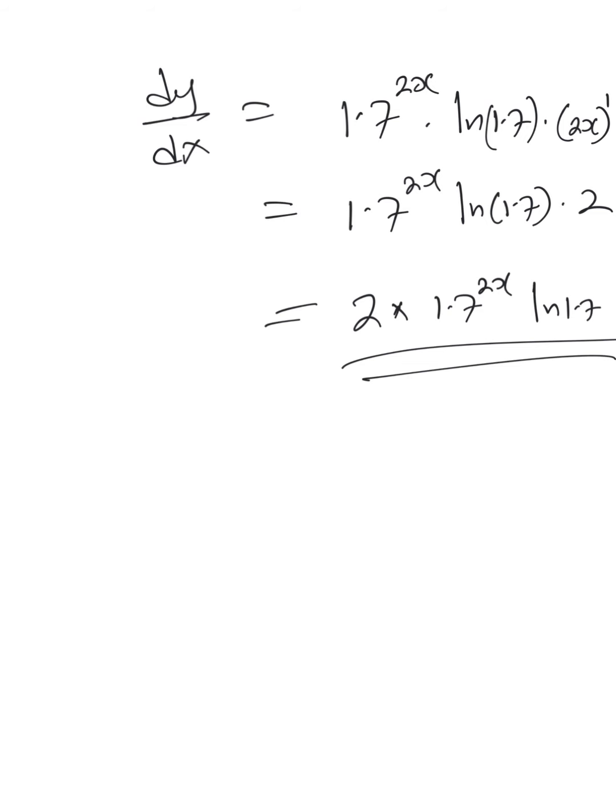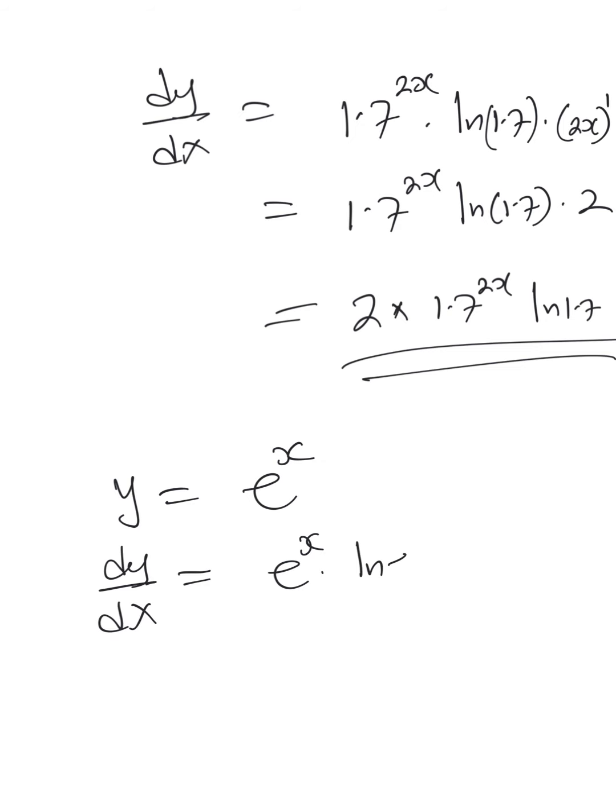Now, what if we have e to the x? We want to differentiate e to the x, so we have y is equal to e to the x. Now, dy by dx, since this is exponential, we're going to write e to the x. Then we have natural logarithm of e, because that's the base, and then we differentiate x.